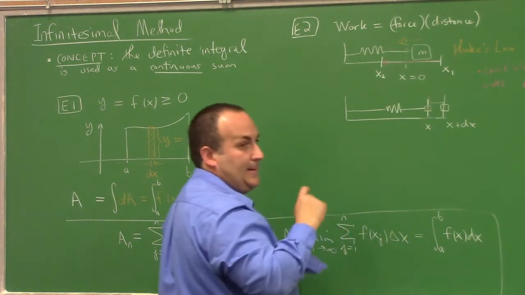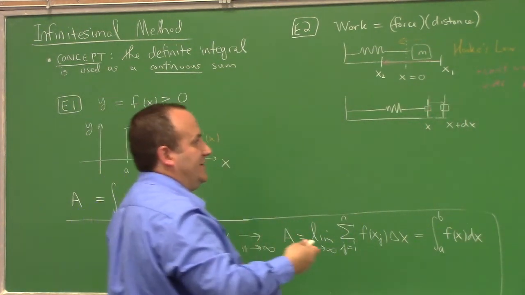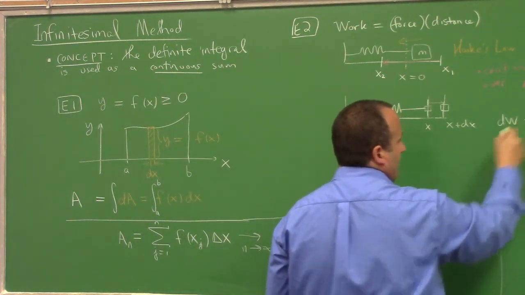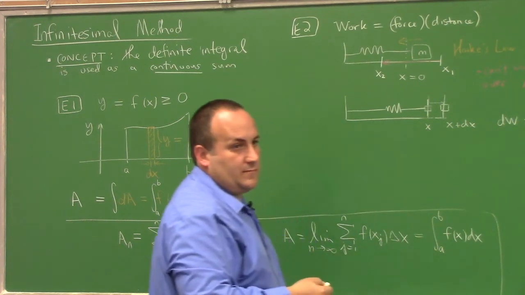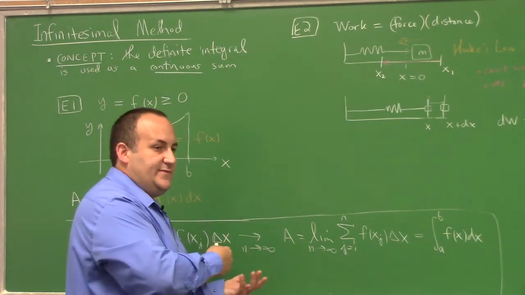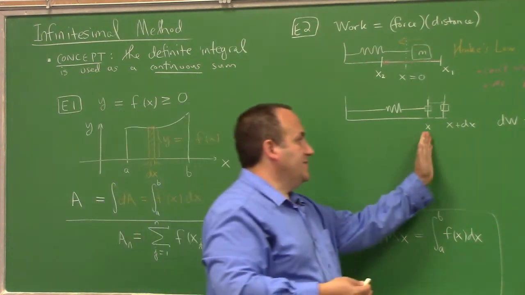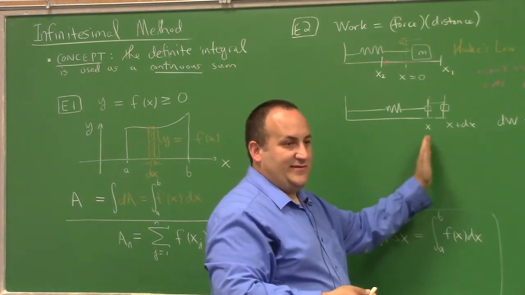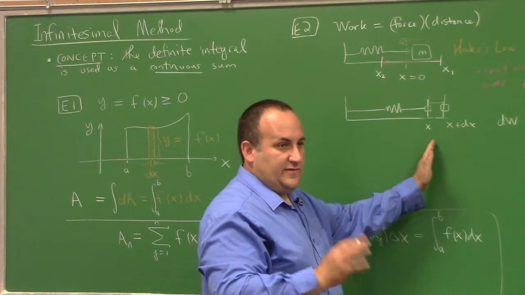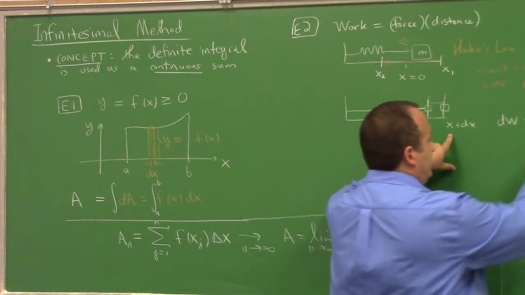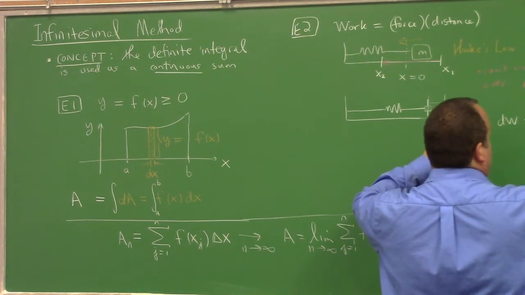What is the work done in this little motion? The thing is, we can use force times distance there, because over a very small displacement, the force is really not changing much. So it's not unreasonable to say the little bit of work done in that motion is just the force times dx.